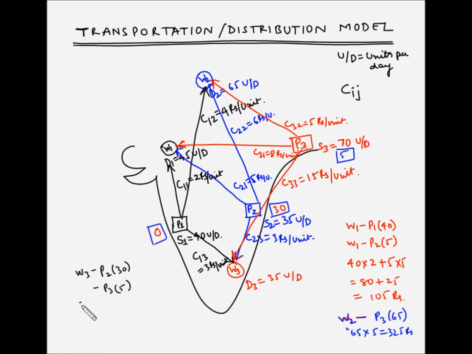So the cost is 30 multiplied by 3 plus 5 multiplied by 15. So this becomes 90 plus 75, which is equal to 165 rupees.